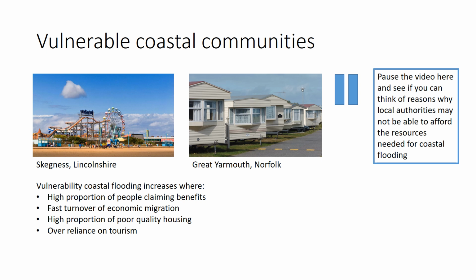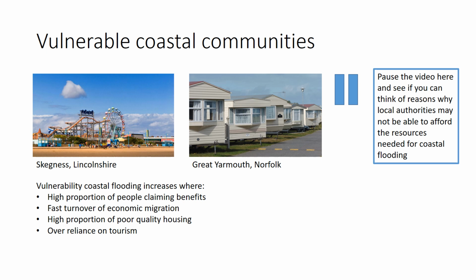We have seen in Lesson 2 that some areas of the UK coastline are more vulnerable to erosion than others because of their geology. But also some coastal communities are more vulnerable than others. And this is because of poverty. Poverty means that the local council has fewer resources available to reduce the threat of and the impacts of sea level rise.